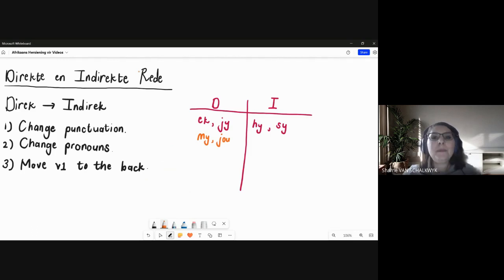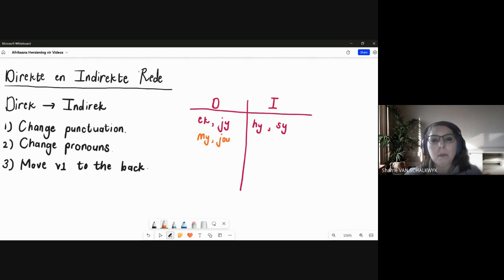And also, if it describes possession or belonging. For instance, it's your shoes. You like your shoes. Jy hou van jou skoene. So your shoes, then it is also jou. So my is me and jou is your.